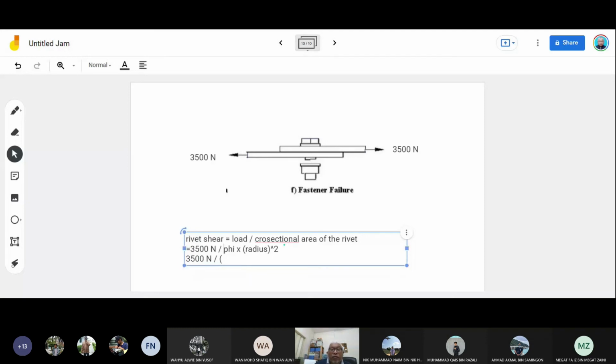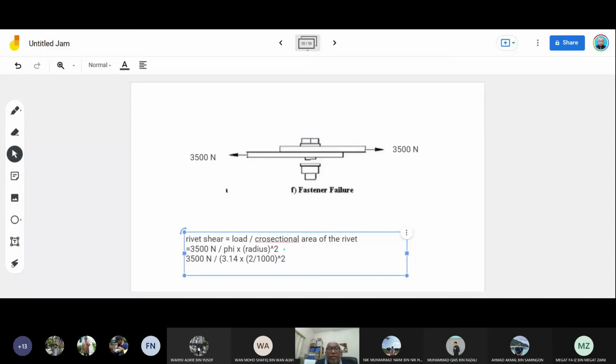We don't square the pi. So 3.14 times the radius, where the diameter is 4, so the radius is 2, squared.